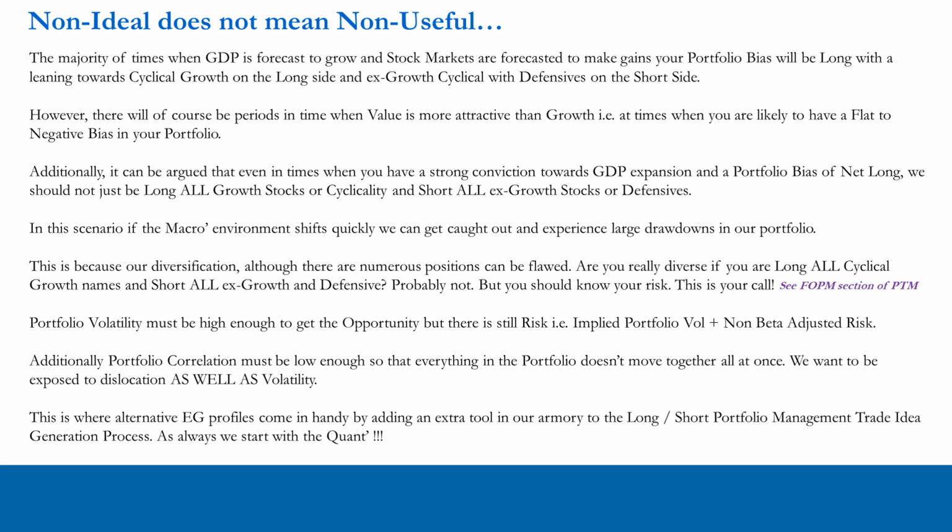This is because our diversification in the portfolio, although there's numerous positions, can actually be flawed. So the question is, in that situation, are you really diverse if you are long all cyclical growth names and short all ex-growth and defensive names in the portfolio? Well, probably not. But at all times, you should know your risk. So this is your call.